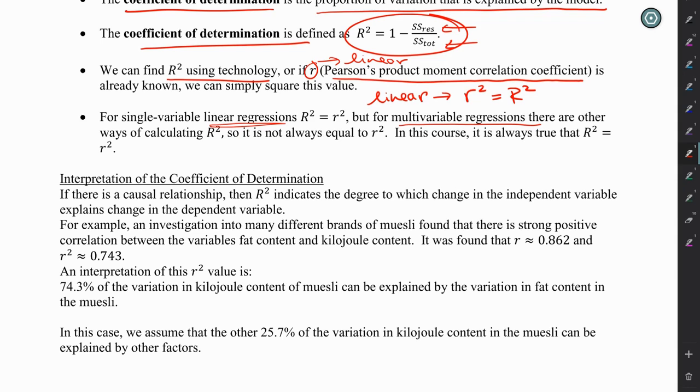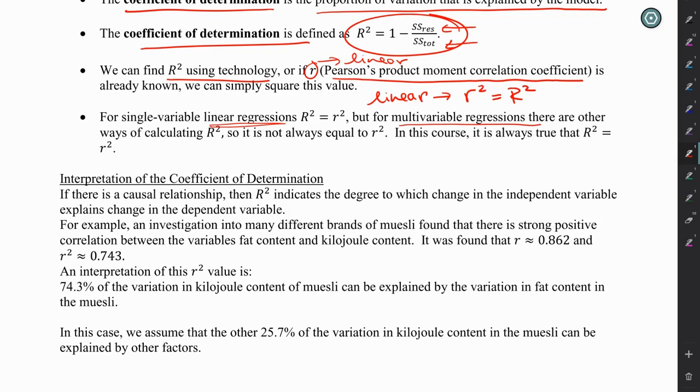We know from our experience that the more fat something has, the more calories it has, because fat and calories are related through a causal relationship. Not everything we study is going to have a causal relationship, but in this case, there is. The more fat, the more calories, the more energy.